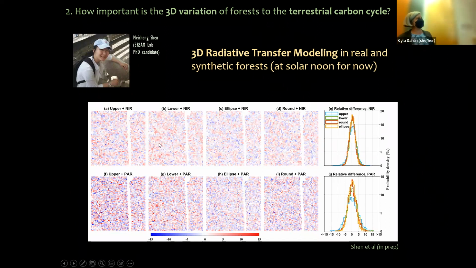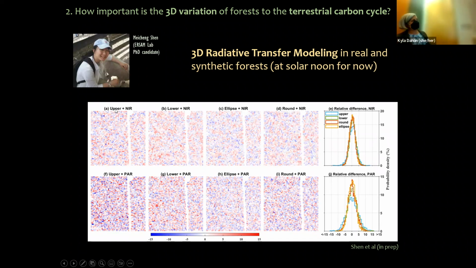And so this is just one figure from some of her work, just looking at different canopy structures. So here she's using real LiDAR data for the height of the trees, but instead of using the actual structural data, she's making pretend shapes of different tree shapes.